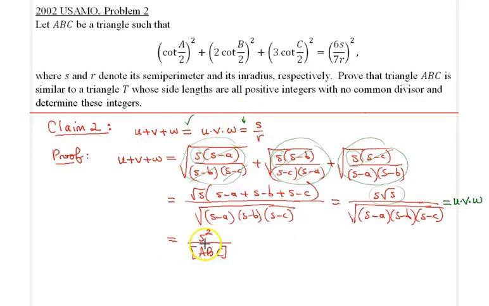So let me continue writing the proof here. So at this point, I will now rewrite the definition of area of triangle ABC as S times R. The S will cancel out, so we will be remaining with S over R, and that proves the second part as well.